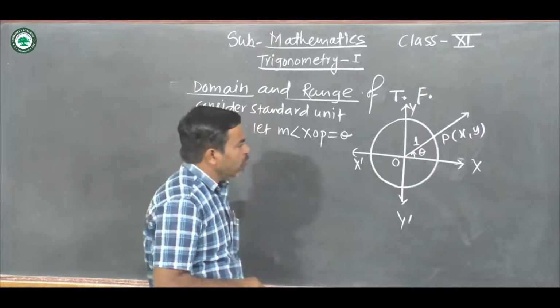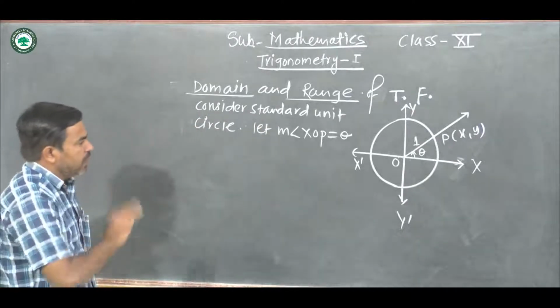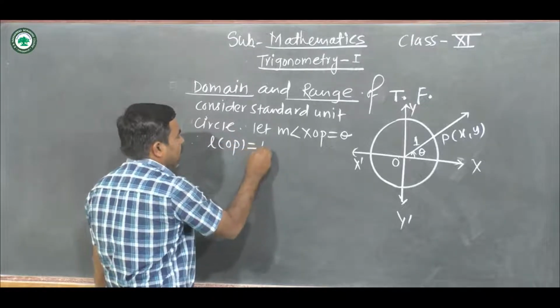The terminal ray OP intersects the standard unit circle at the point P having coordinates x comma y. So therefore length of OP is equal to 1.